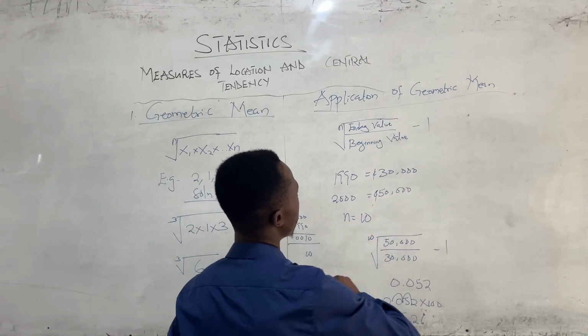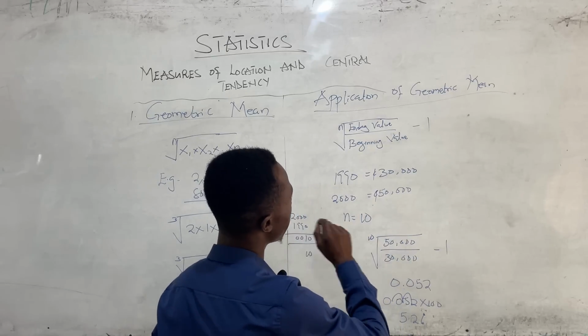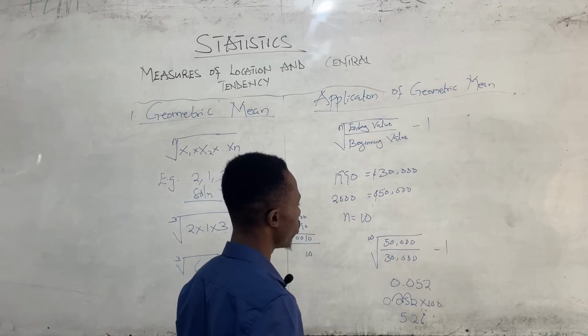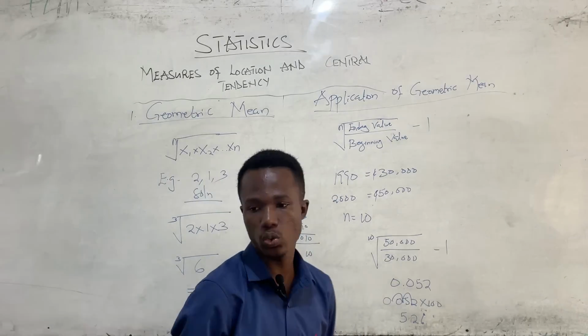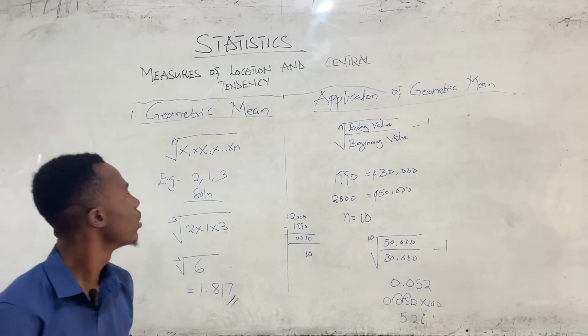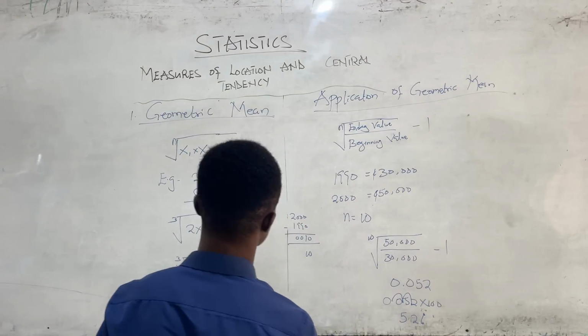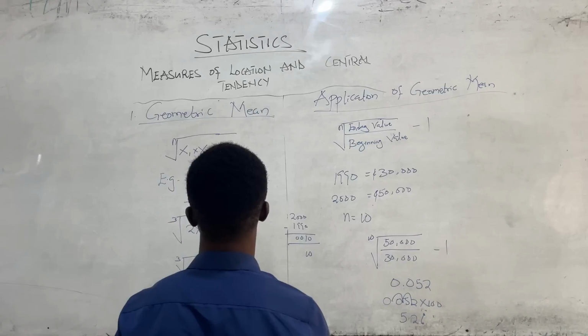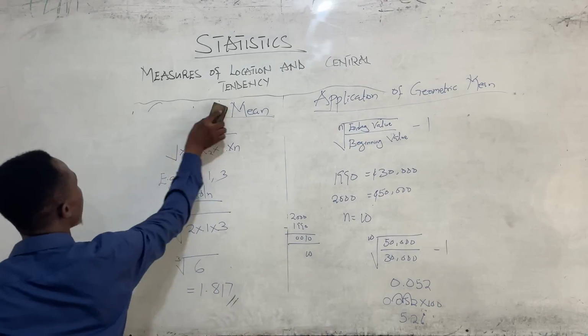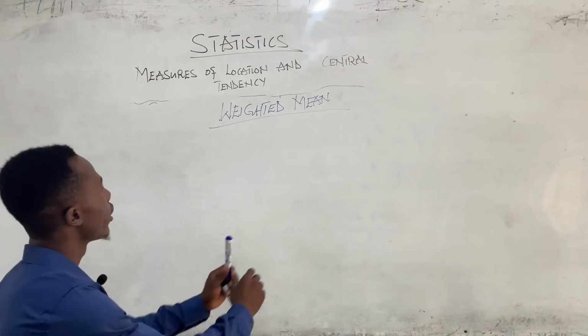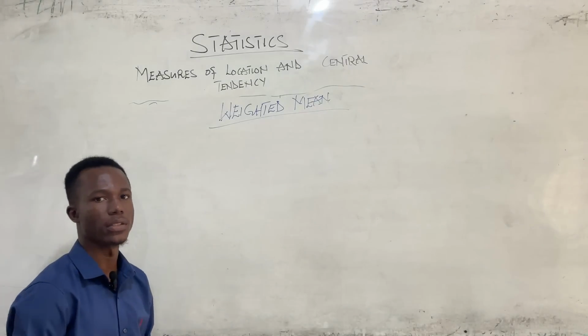Then you look for the beginning value and the ending value. You subtract everything from 1. Then that will be your annual rate of increase. Okay. Then let's also look at weighted mean. Okay, so now let's look at weighted mean.